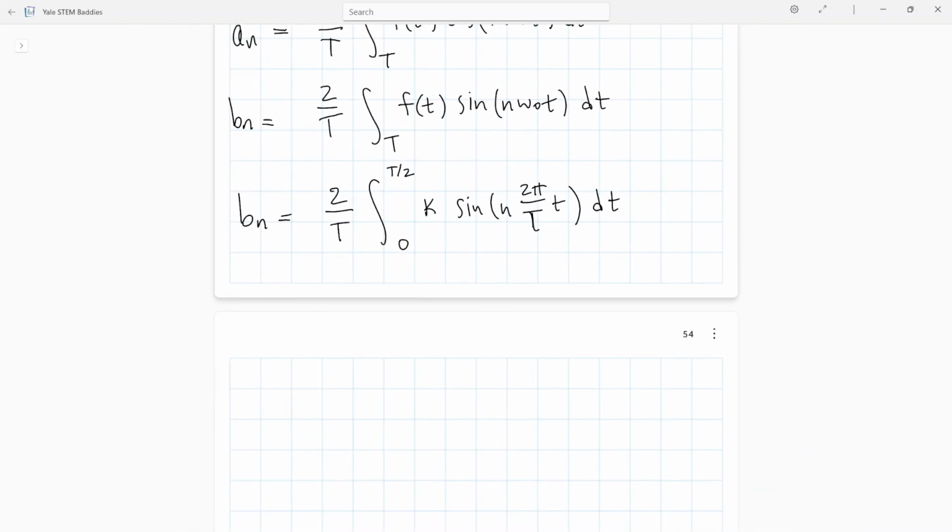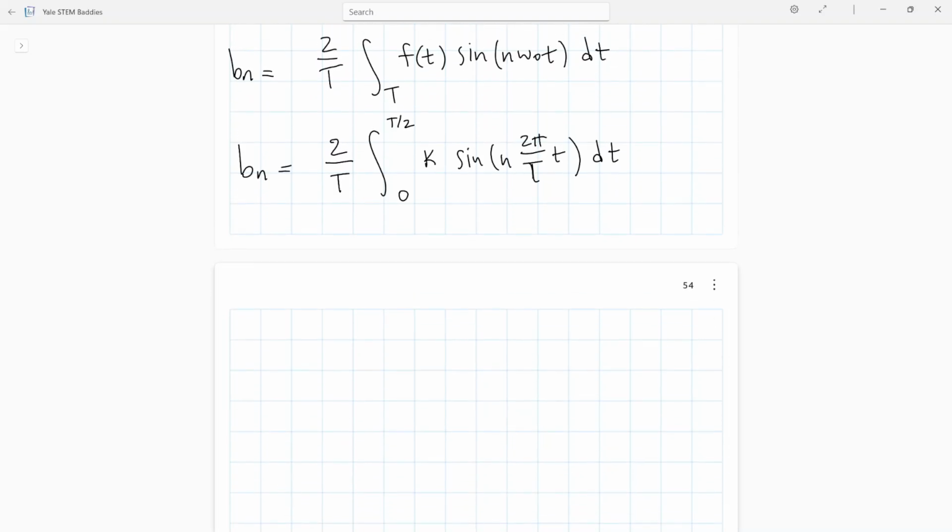So let's go ahead now and find the antiderivative here, for b sub n. It looks to me like the antiderivative of sine is negative cosine, keeping the internal guts of this.